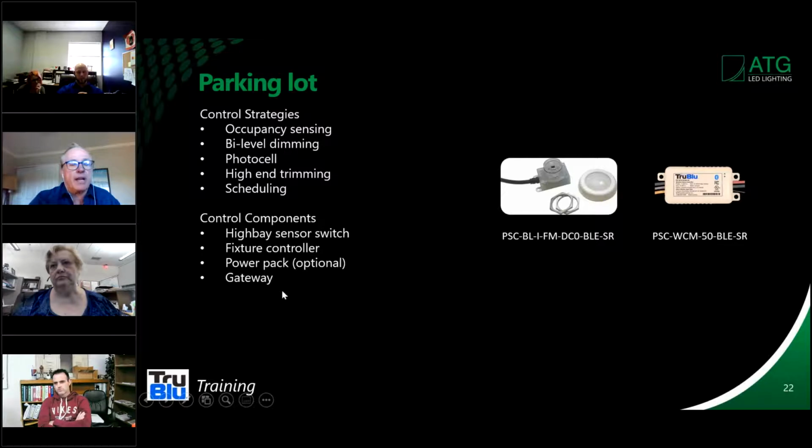Now, I mentioned also the gateway, which we'll be introducing next week. Gateway, remote user, you'll need internet access, but a remote user can control the situation. They can set up scenes. They can data mine. They can look and see if any fixtures are out.